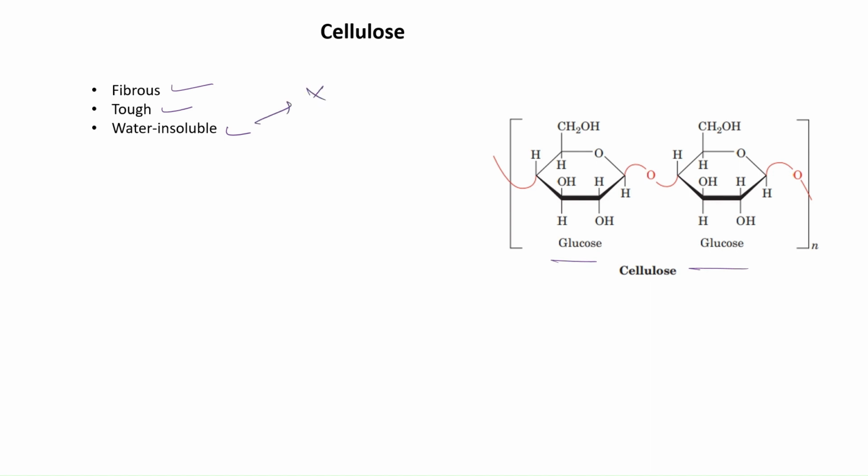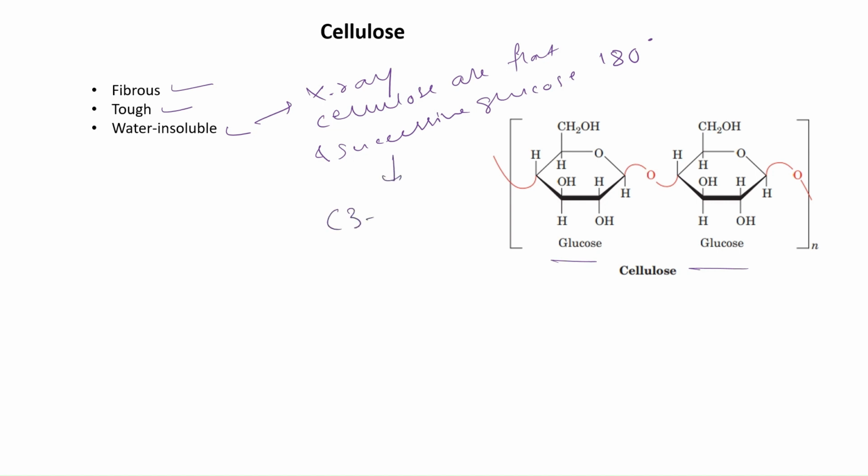According to X-ray studies, cellulose has a flat structure in which successive glucose units are turned over 180 degrees, due to which a hydrogen bond forms between the C3 OH of one glucose and the O of the fifth carbon of the next glucose. So the cellulose forms a sheet in which successive glucose units are turned 180 degrees in such a way that each glucose is hydrogen bonded with the next one.